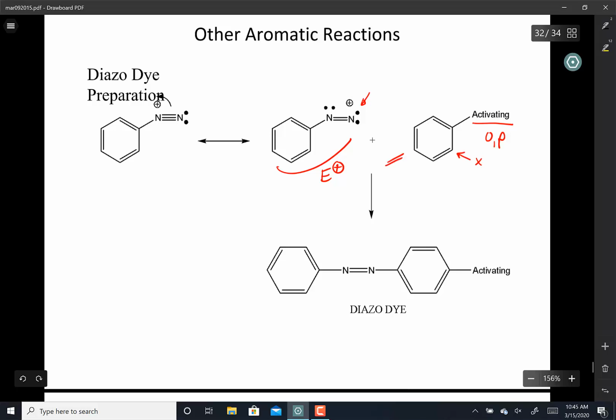So that means I'm going to add that to the para position. And so when I add this entire E plus group to the benzene ring, I'm going to get that. And that is called a diazo dye. So that's another reaction we can do with the diazonium salts.